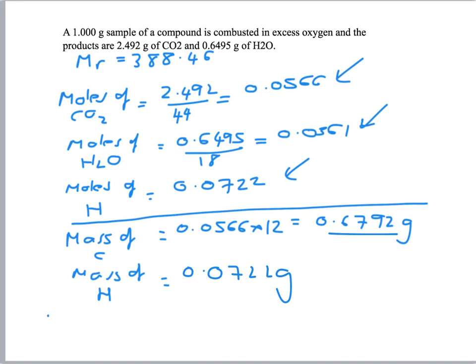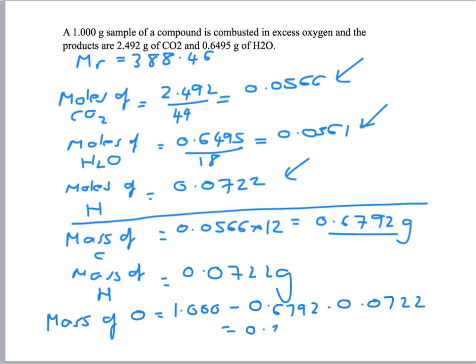So now I just need to work out my mass of oxygen, which is going to be the mass of the sample minus the mass of carbon minus the mass of hydrogen. And that comes to 0.2486.